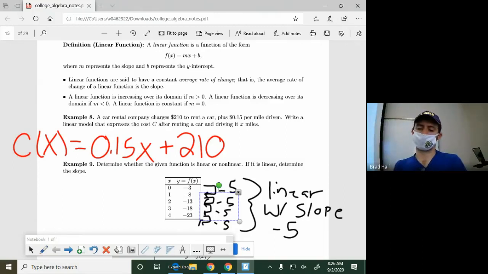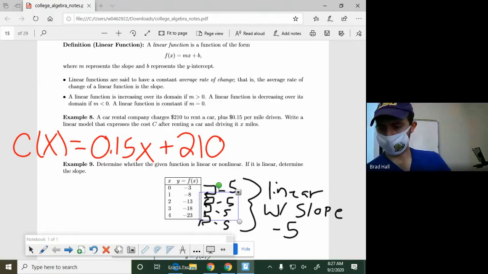Your trend between values has to be constant. When I ask you for the slope of a line, you don't tell me 3 different numbers. You tell me one concrete number, because the slope is a constant thing. It's a static thing. So it's linear if all the numbers are the same. Hopefully that should be pretty straightforward.